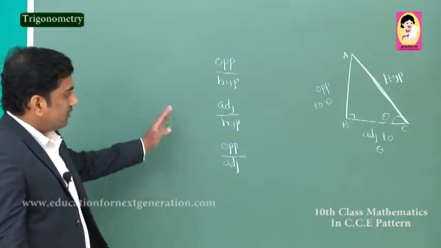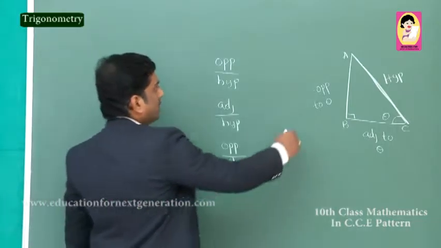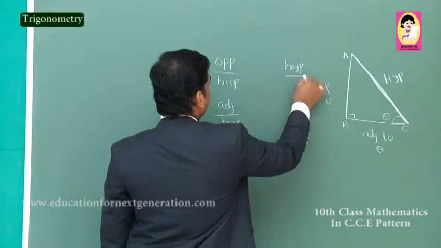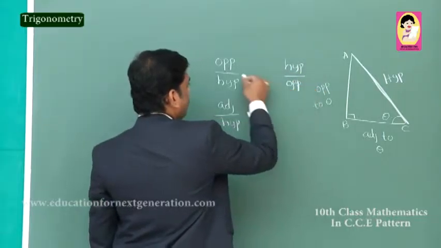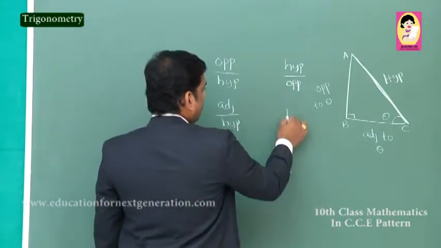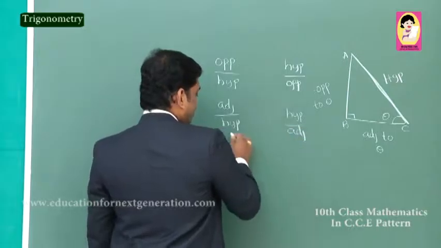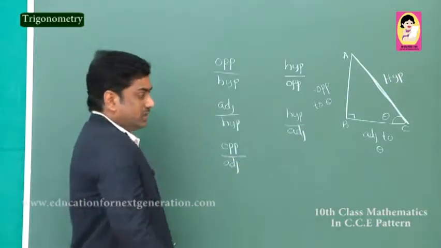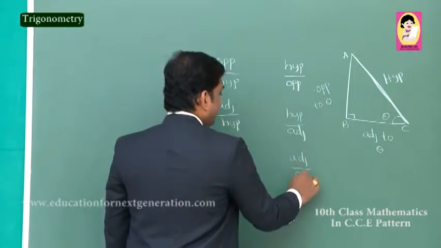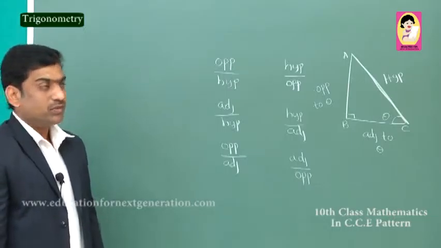With the help of these three ratios, we will form three more ratios: the reciprocal of opposite by hypotenuse, which is hypotenuse by opposite; hypotenuse by adjacent; and adjacent by opposite. So in a right angle triangle, we are aware of 6 different ratios.